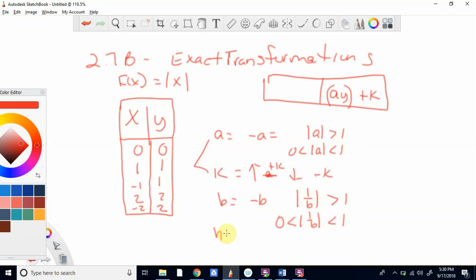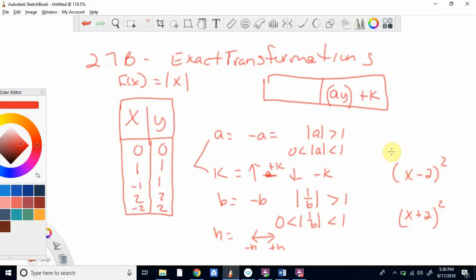Now, what is h? h tells us, do we slide, a translation, right or left? If h is positive, it's going to go to the right. If h is negative, it's going to go to the left. These are translations and they're horizontal. Now remember, let's look at this example, (x minus 2) squared and (x plus 2) squared. These are both h, but what is h?